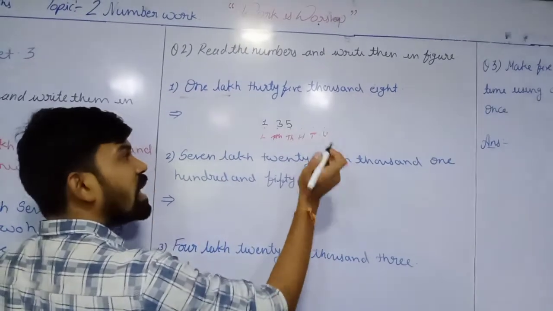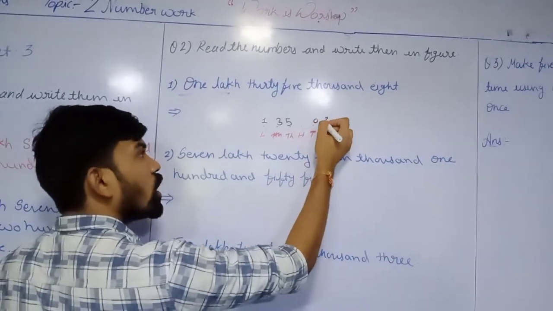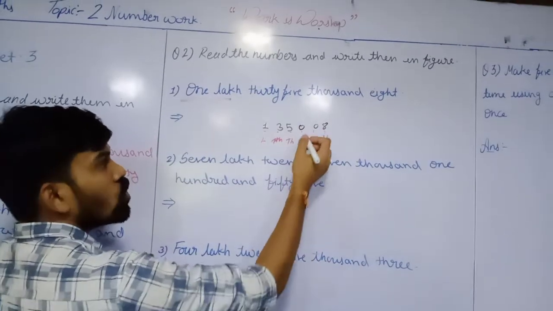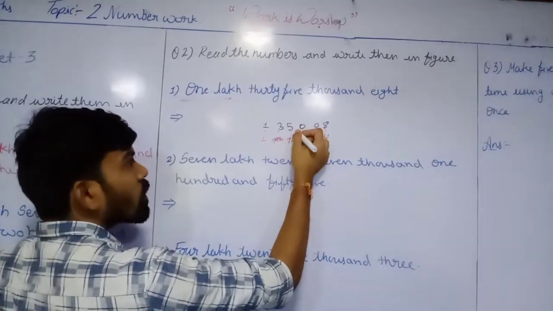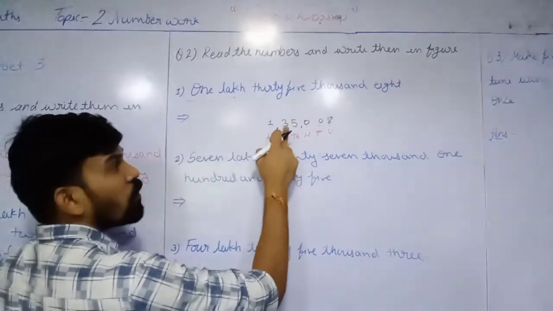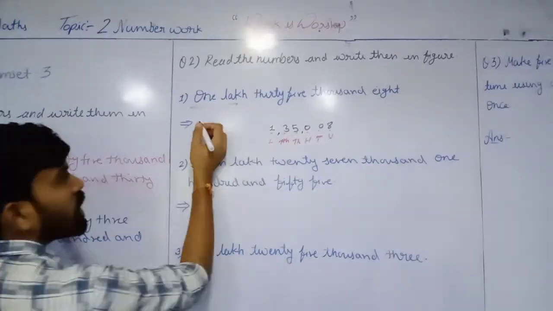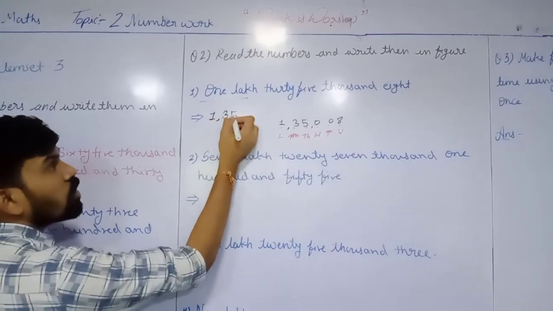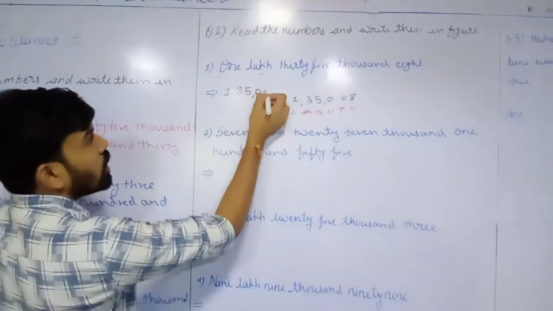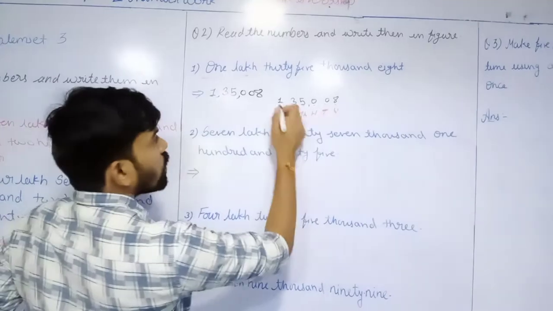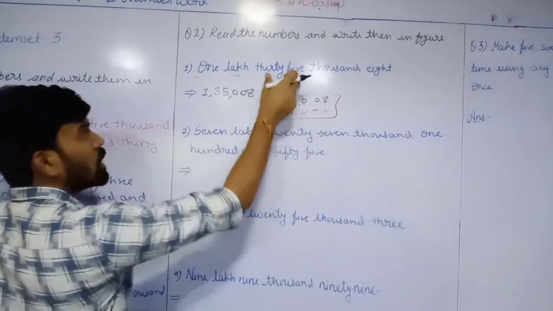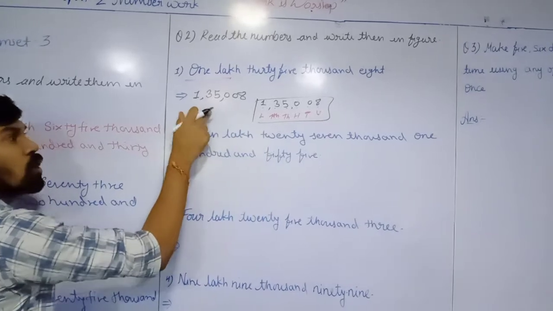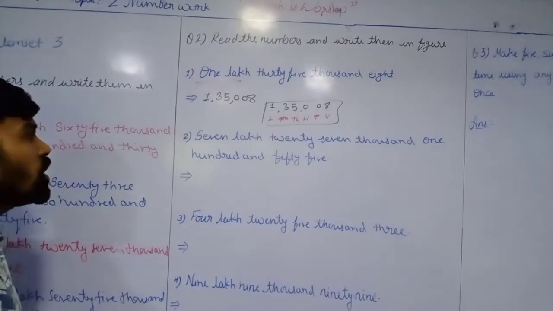As we learned, till 9 we write 0, 8. This way, 100 we don't have, so we put 0. So it will become 1,35,008. Whatever we have in words, we can convert that into figures.